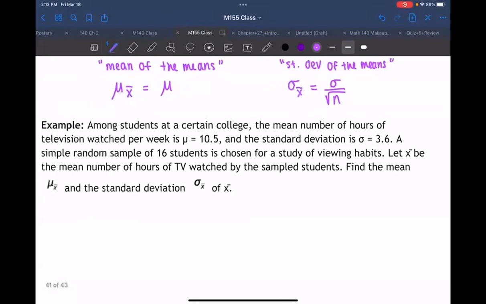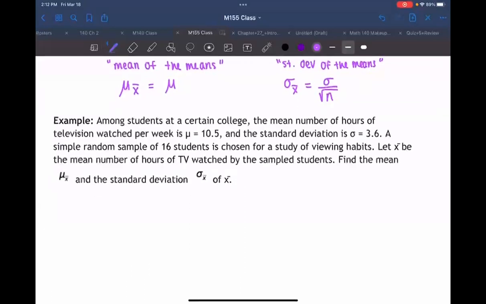Let's read this example. Students at a certain college: the mean hours of television watched is 10.5, and the standard deviation is 3.6. We took a simple random sample of 16 students to look at their viewing habits. We let X bar be the mean number of hours of TV watched by the sample students.